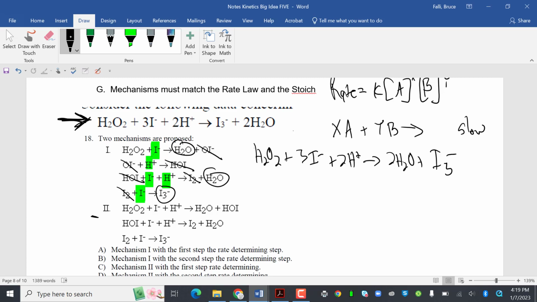If step 1 is the rate determining step, what would the rate law be? If step 1 was the rate determining step, I'm going to erase these things again and just focus on step 1. So all I'm going to look at is step 1.